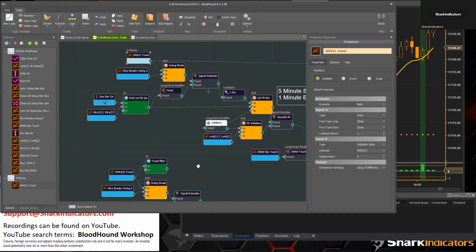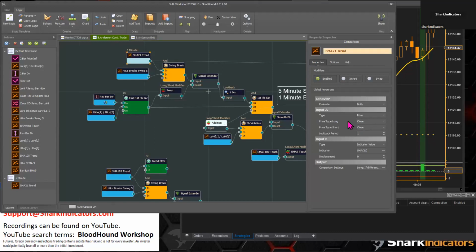And then this other one here on the other system, I renamed it to the SMA 105 and I changed it to the SMA 105. So let's select that guy again. Again, I'm just comparing the closing price, and this is the closing price of the 5 minute bar.